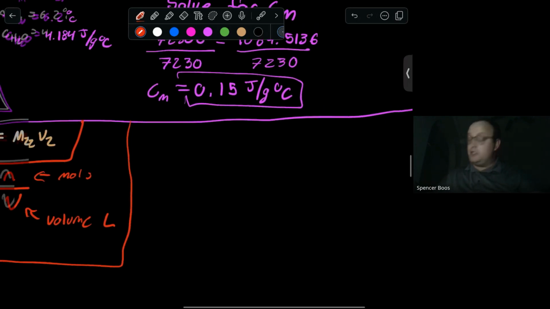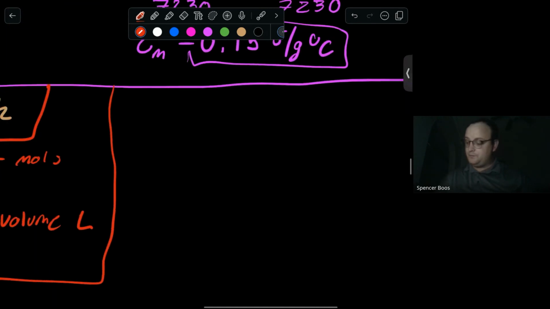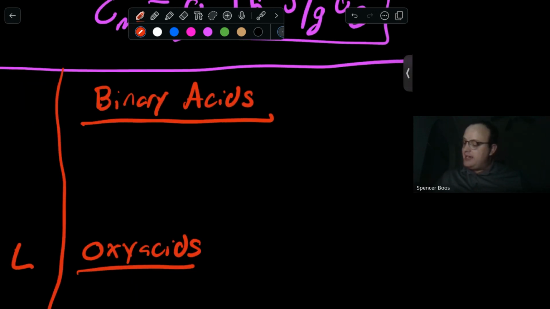Naming acids. There are 2 versions of acids that you need to be aware of for the exam: binary and oxy. A binary acid is an acid with hydrogen and one other thing.